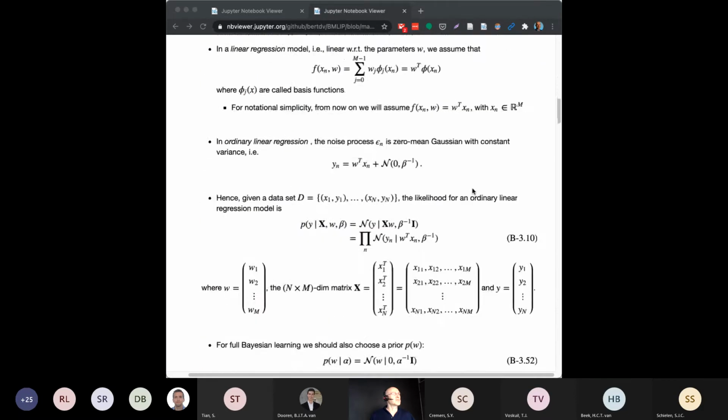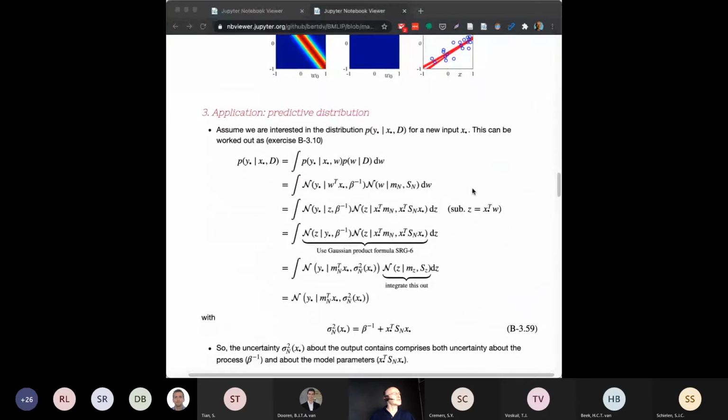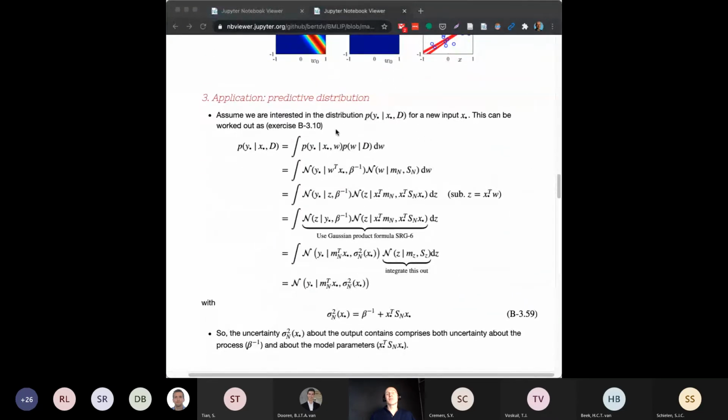So we go to stage 3, when you do a predictive distribution. What you do is you say, okay, I have a new data point now, x bullet, and I'm interested in the probability for, let's say, the output y bullet, given all the data that I've seen. In principle, you don't care about what your weights, the parameters, are, right?